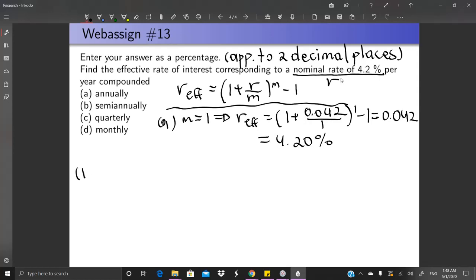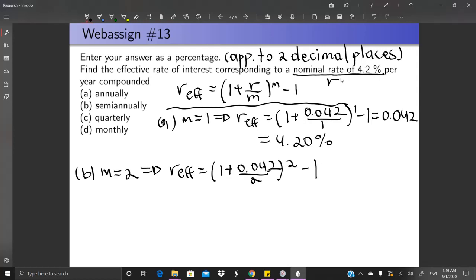All right, so part B. Now, semi-annually, remember that means 2 periods, m equals 2. All right, so that means that R effective is equal to, following the formula again, 1 plus 0.042 divided by 2, to the power of 2, and then subtract 1.